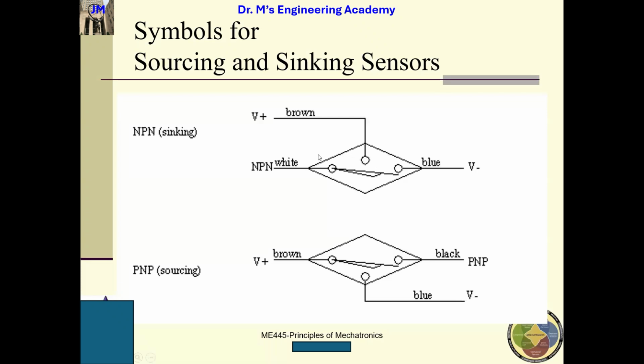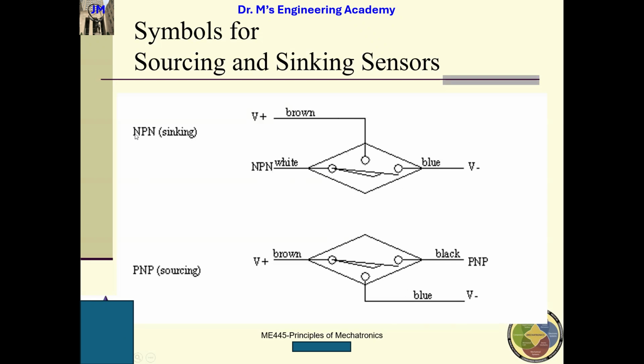No questions? Here are the symbols. NPN sinking and PNP. When we talk about NPN, we are talking about sinking. When we talk about PNP, we are talking about sourcing. So this is how we connect it. NPN: blue, brown. These are the three colors for the terminals, and I cannot remember this one.